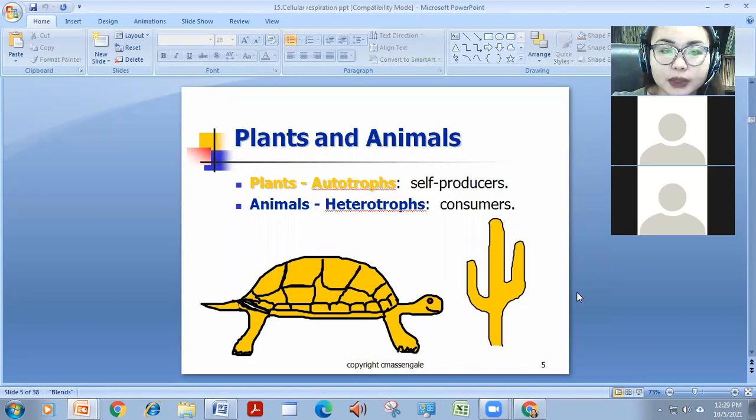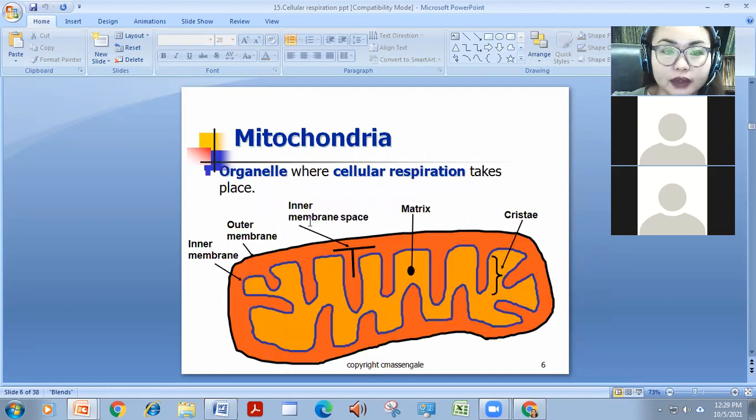So we derive our energy from the plants and animals that we eat. And cellular respiration occurs in the mitochondria. This is the organelle where cellular respiration takes place. This is the structure of the mitochondria with cristae, membranes, and matrix.